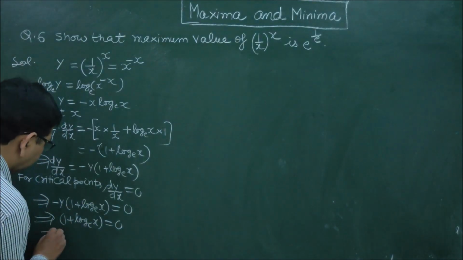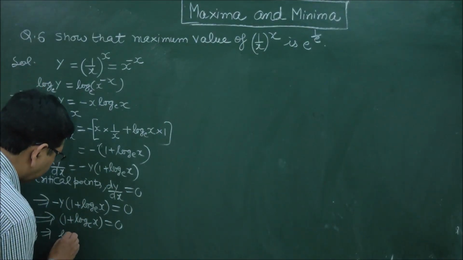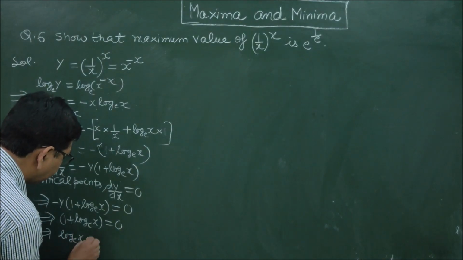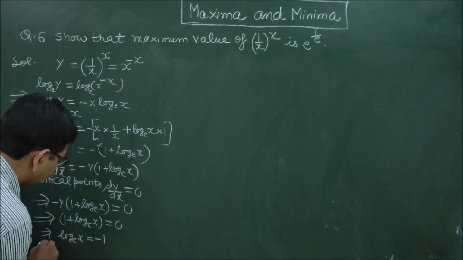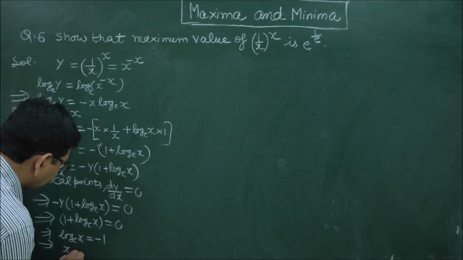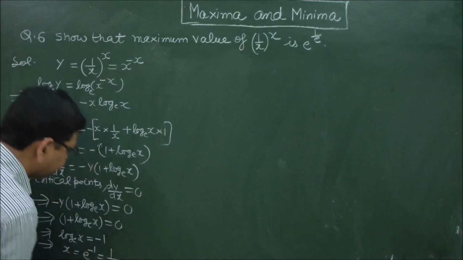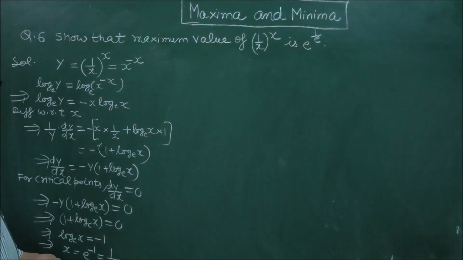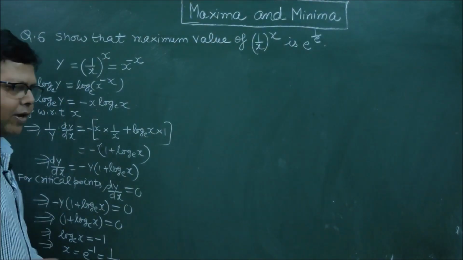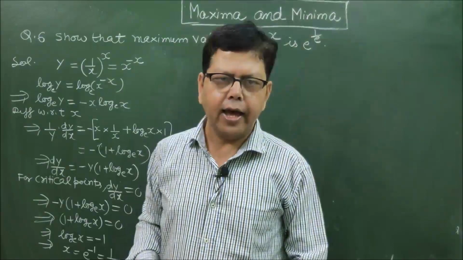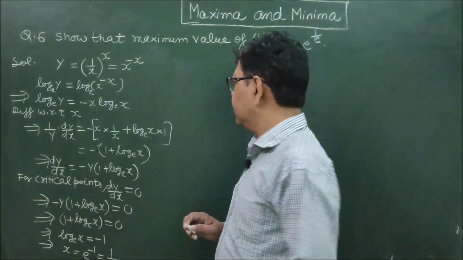So log x is equal to minus 1, or x is equal to e raised to the power minus 1, which is 1 upon e. So we will check the local maxima or minima at the point x is equal to 1 upon e.